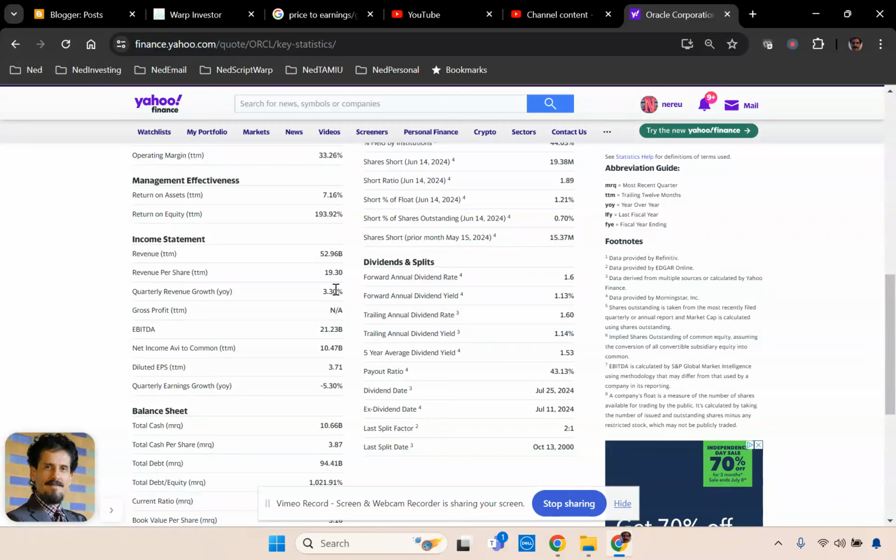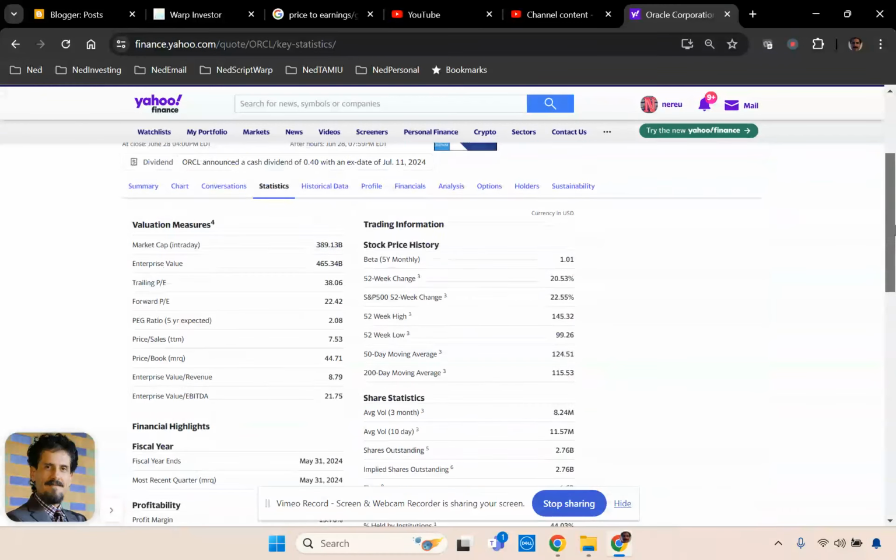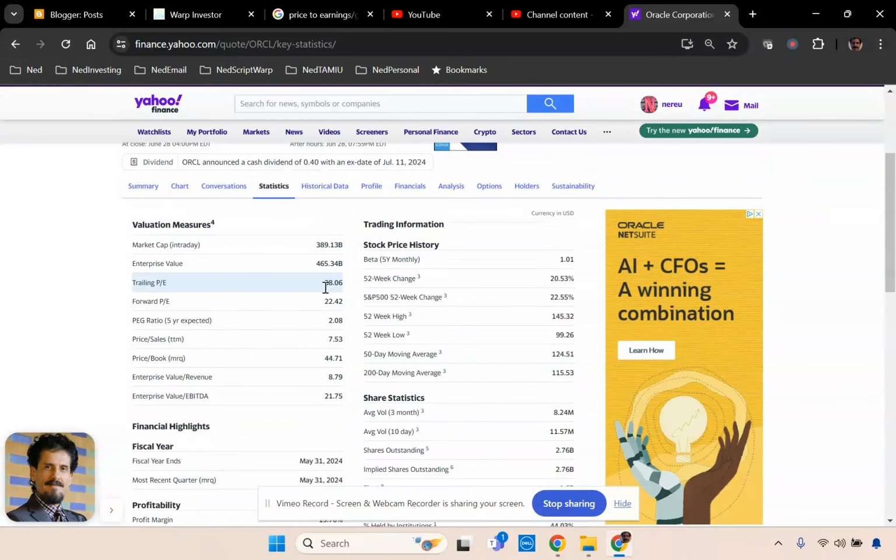It reflects the likely earnings growth, which would also be 3.3%. It's always a good idea to look at these two numbers together, because earnings is very easy to manipulate. Revenues is more difficult.